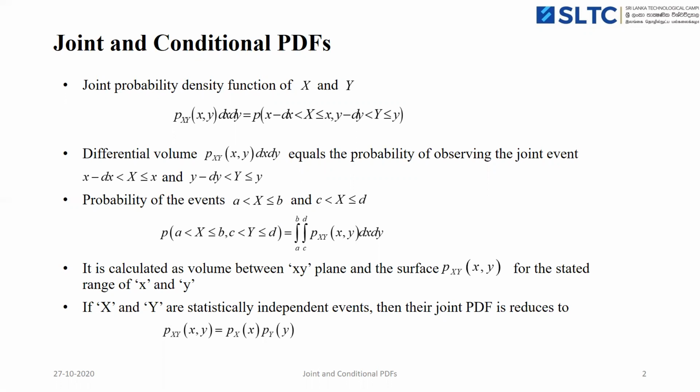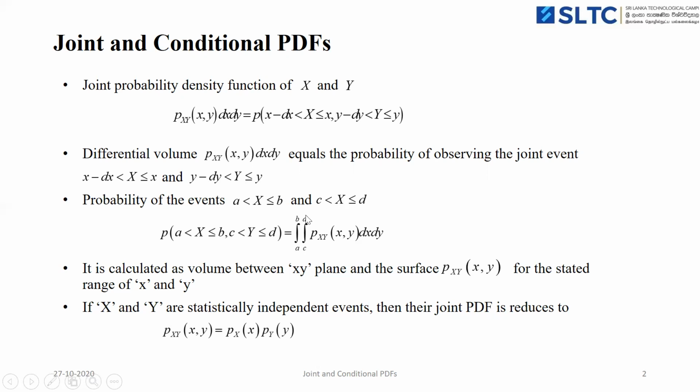Now take other events: one event varies in the range a to b, and another event varies from c to d. Then we can find the probability for these two events by applying the joint PDF function, because the events vary over the larger regions a to b, c to d.